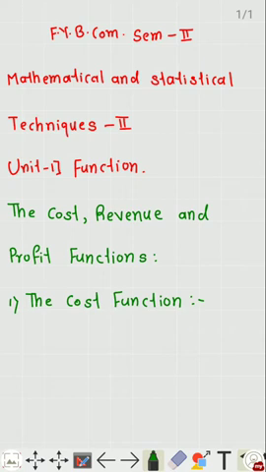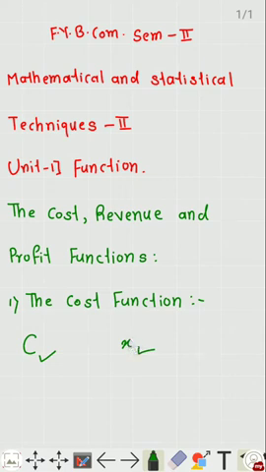The total cost function is denoted by the notation capital C. This is the notation for total cost function, and it is expressed in terms of the number of units produced, x. So to produce x number of units, the required total cost is denoted by C.